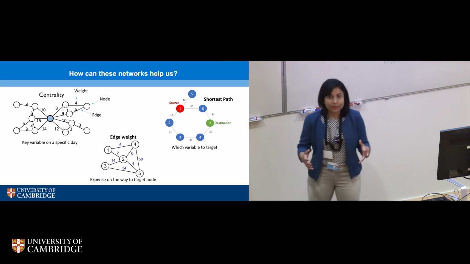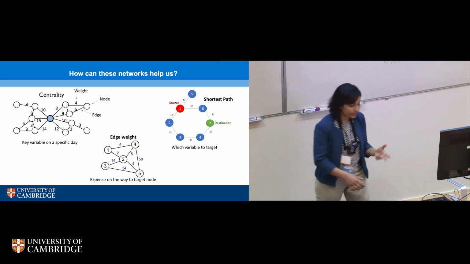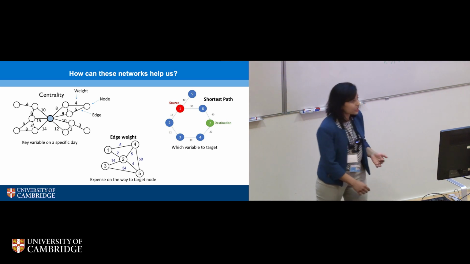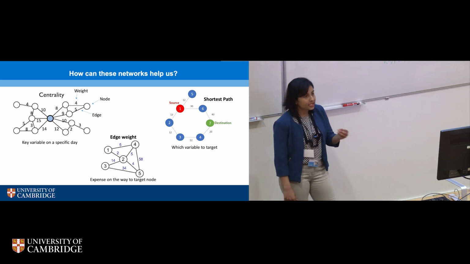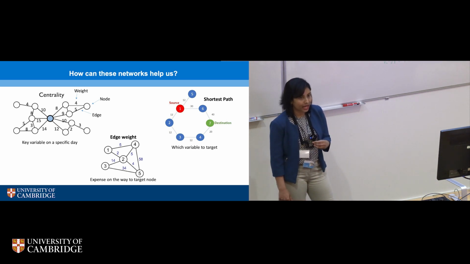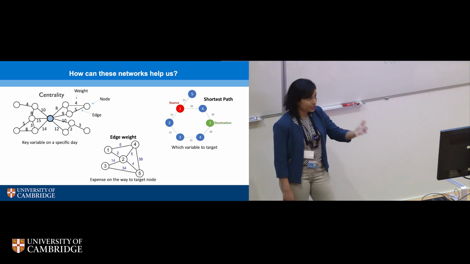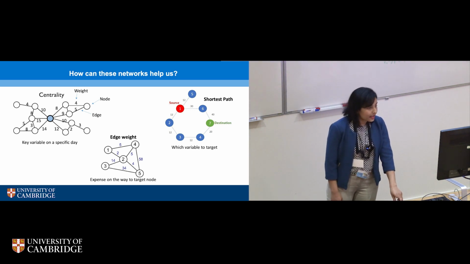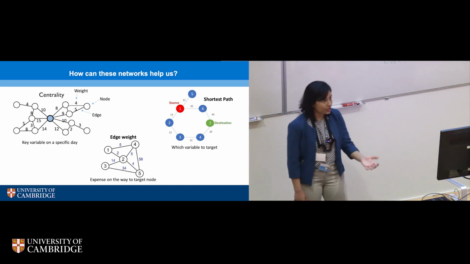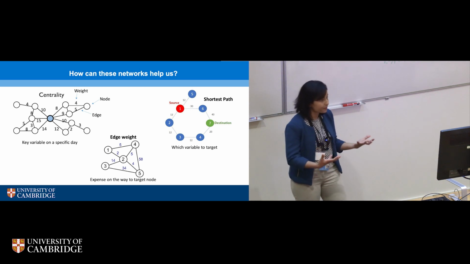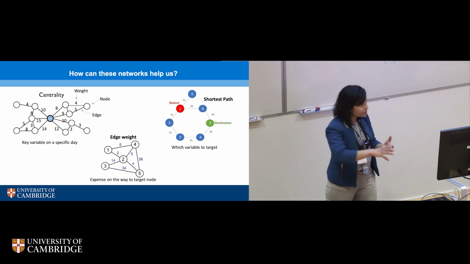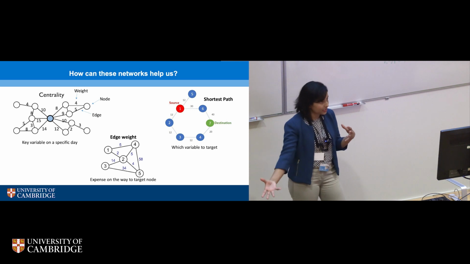Then there are several different properties that you can explore after this. Centrality, for instance, will give you a key variable on a specific day. This is very important if you're trying to implement a control action, because you want to know which variable to target. Similarly, shortest path will tell you which node to target if you want to reach another particular variable.